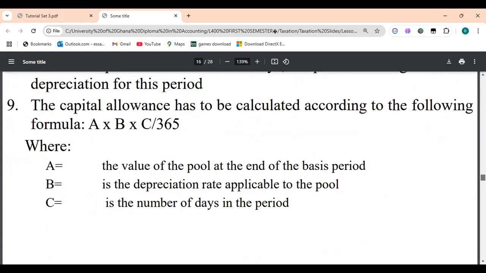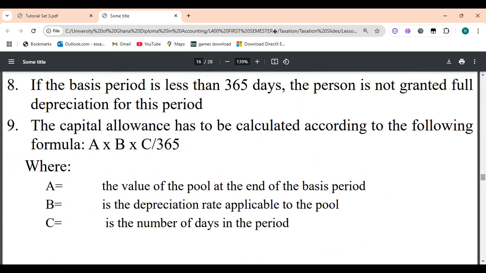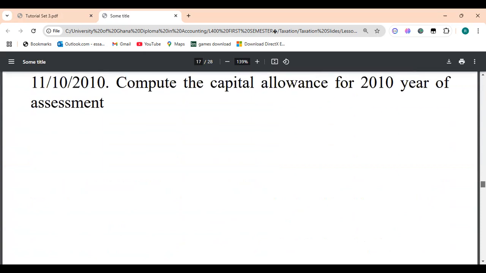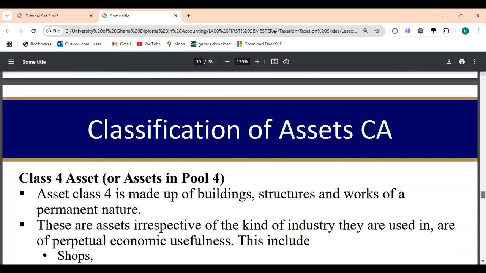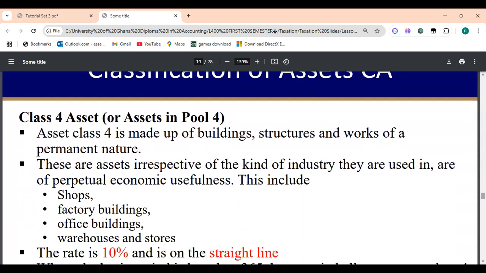The capital allowance has to be calculated according to the following. So we'll talk about this. All right, so let's look at pool 4. Assets in class 4 are made up of buildings, structures, and works of permanent nature.